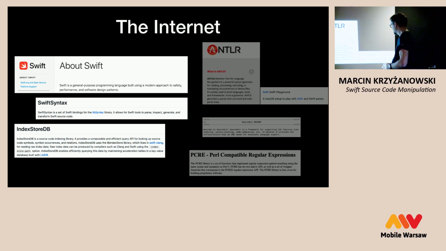What can I use? Have you ever heard of the ANTLR project? If you're a Java programmer, you may have heard of it because it's very old and it's very good. ANTLR is another tool for language recognition, but this tool is a parser generator for the language.